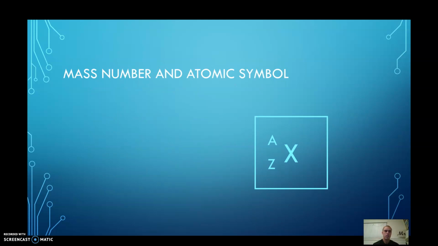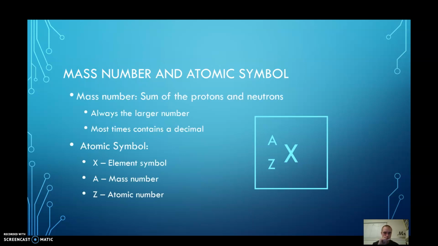So there is a specific way that we can write these atomic symbols. Mass number is going to be the sum of the protons and the neutrons. Remember that the protons and the neutrons are the only thing that contribute to the mass of an atom. So it would make sense that to calculate the mass number, we add together protons and neutrons.